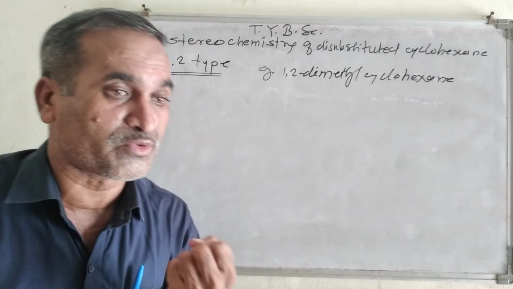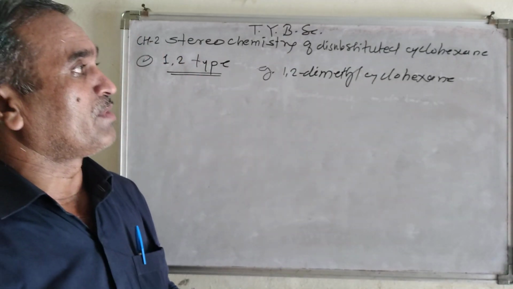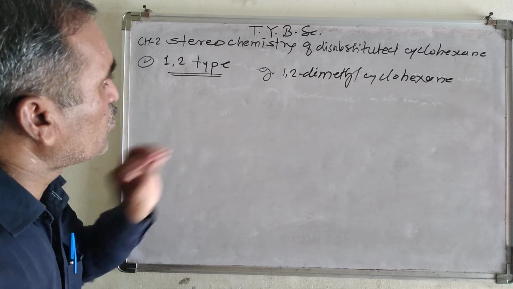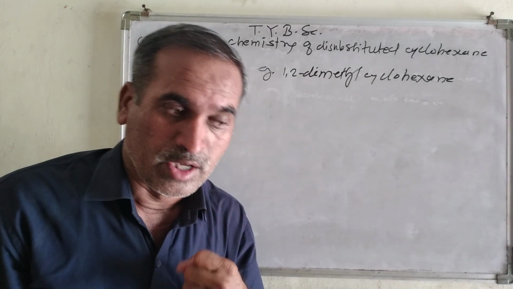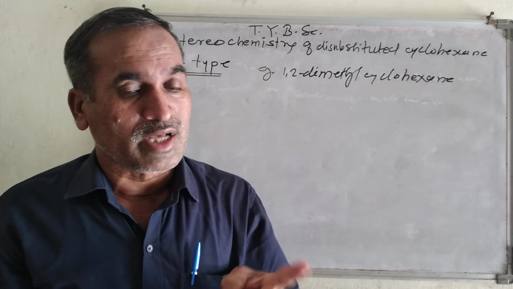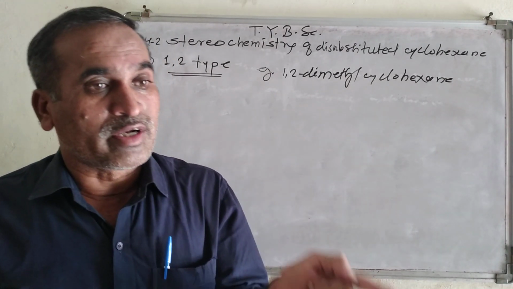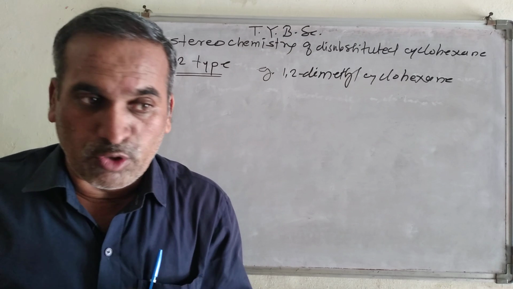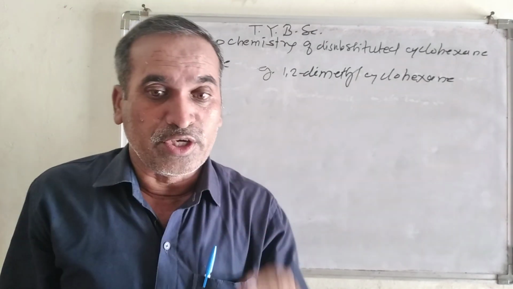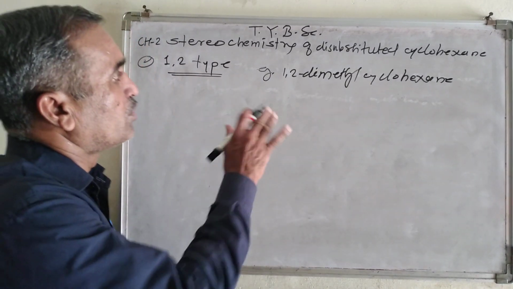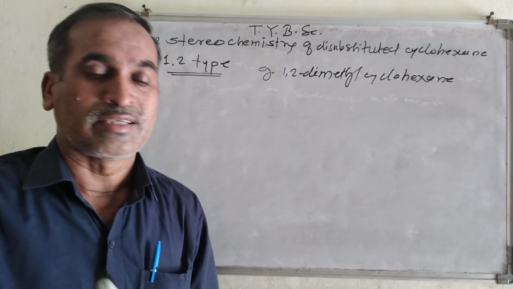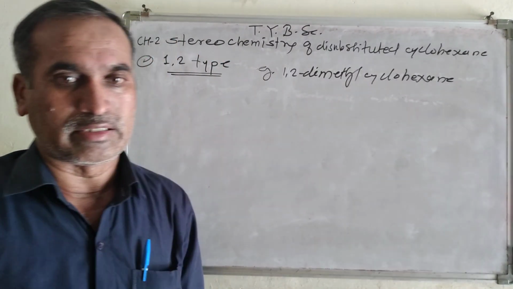First, you have to find out whether the 1,2 type has geometrical isomerism or not, because both substituents are present at the 1 and 2 positions, that is the relative position, and therefore it shows geometrical isomerism.